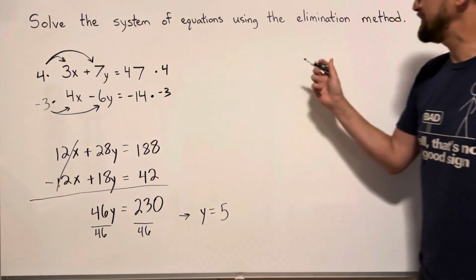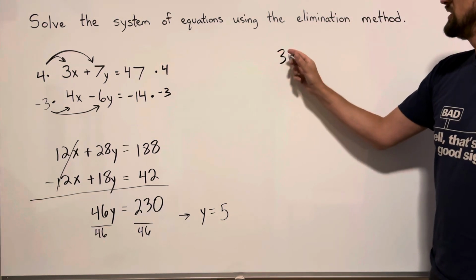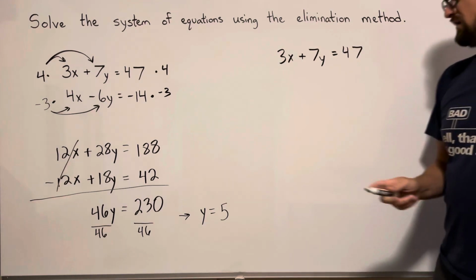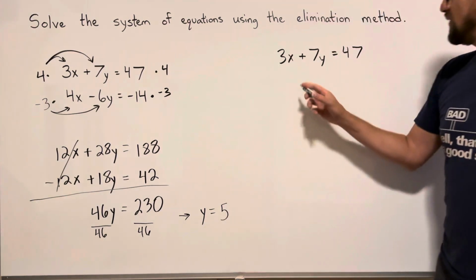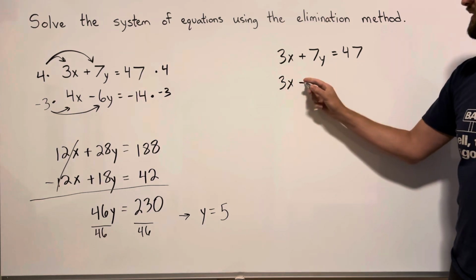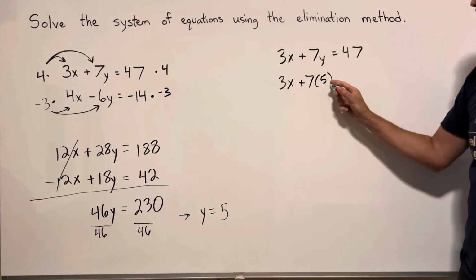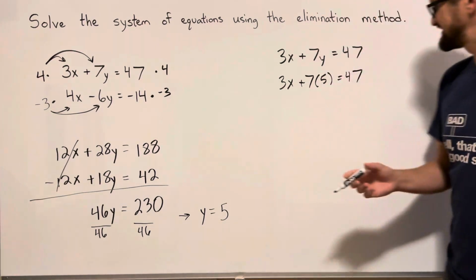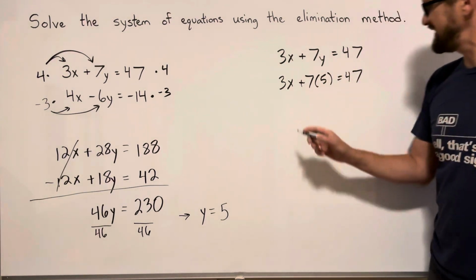So let's just take this top equation here. Got 3x plus 7y equals 47. I'm going to plug in 5 for y. And that will give me a way to solve for x. 7 times 5 is 35.